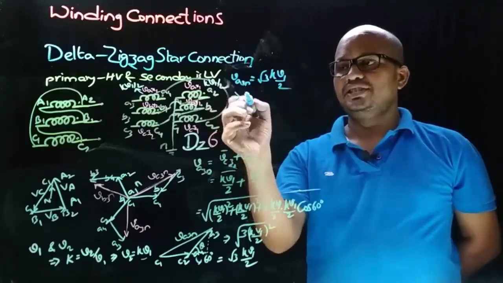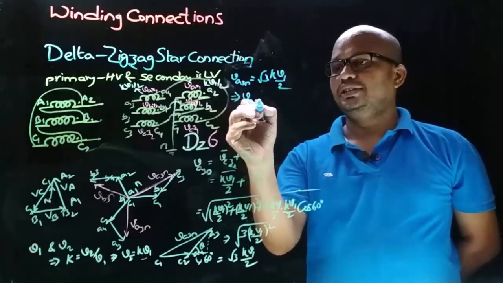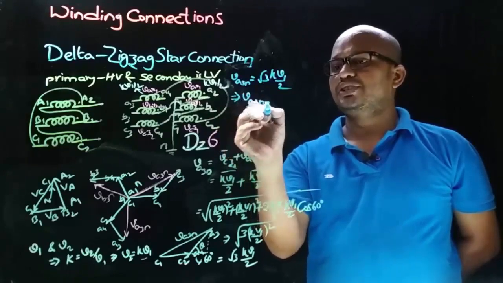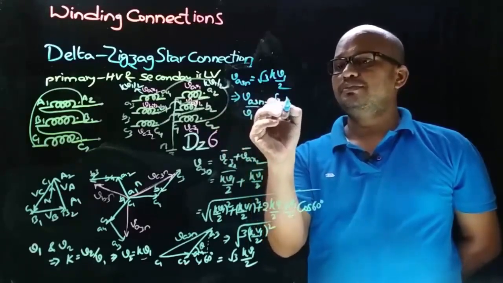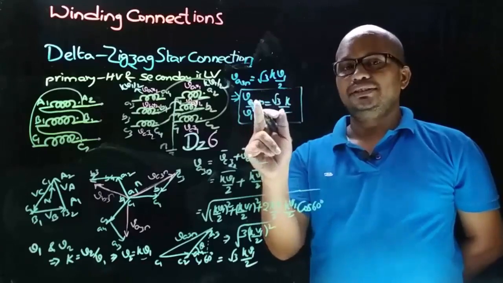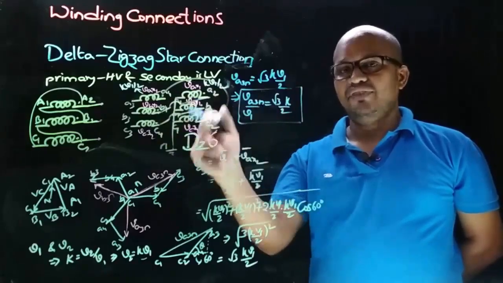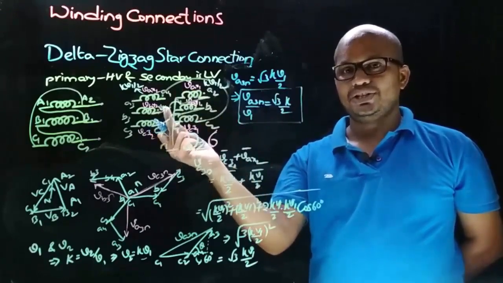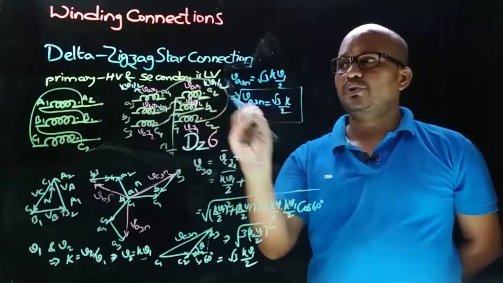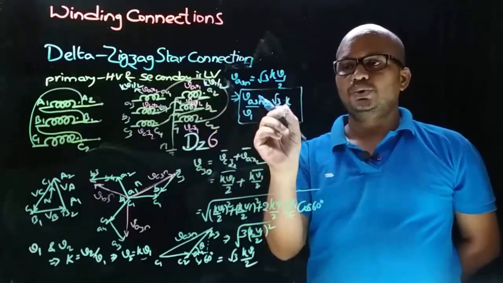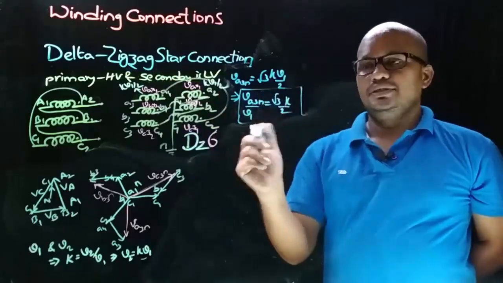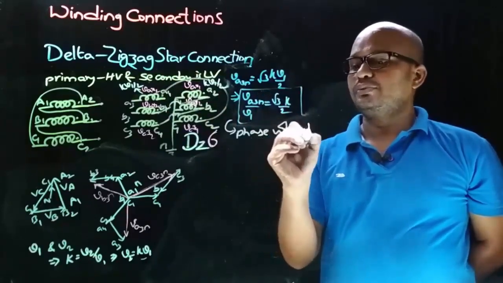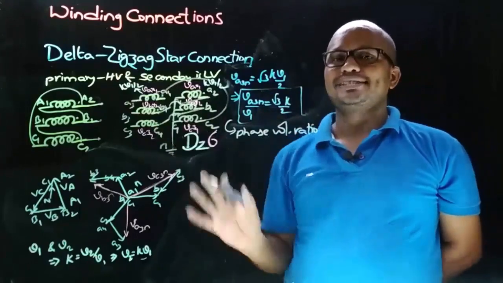And now by rearranging this equation, VA3N by small v1 is equal to root 3 times K by 2. VA3N is secondary side phase voltage and v1 is primary side phase voltage. Means here the phase voltage ratio of delta zigzag star connection is root 3 by 2 into K. This is the phase voltage ratio of delta zigzag star connection.